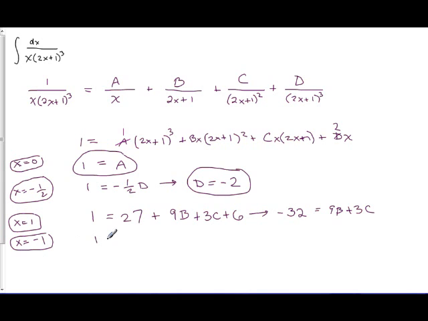So I get 1 is equal to, with x equals minus 1, I'm going to have minus 2 plus 1, that's minus 1 cubed, so that's minus 1, minus b times minus 1 squared, so I'm just going to get minus 1 minus b, and minus c times minus 1, that's going to be plus c, and 2 times minus 1 is minus 2.